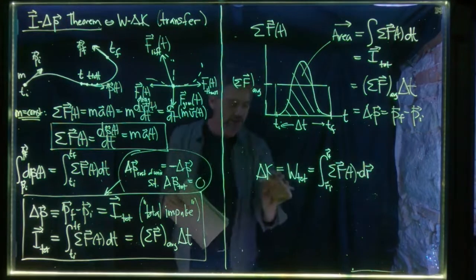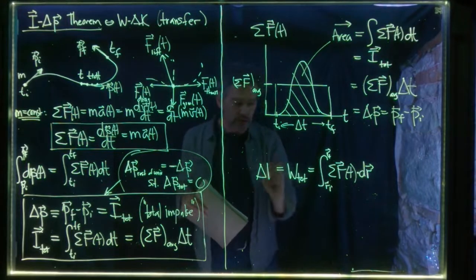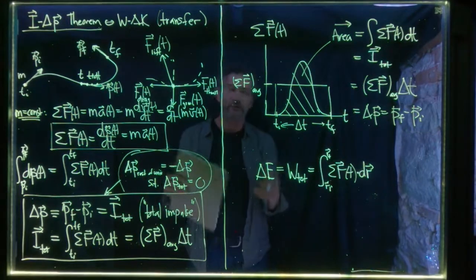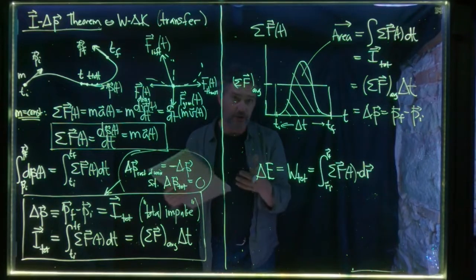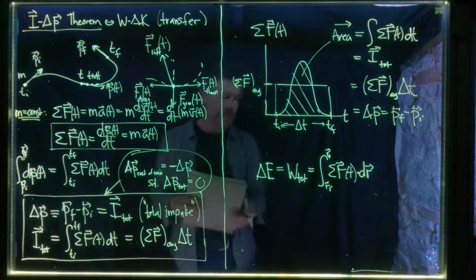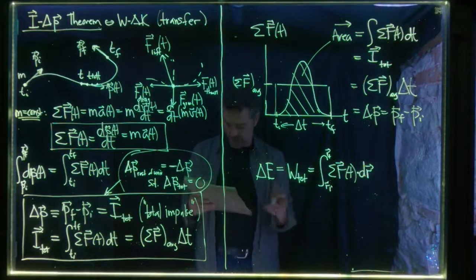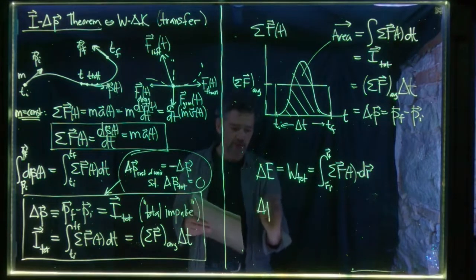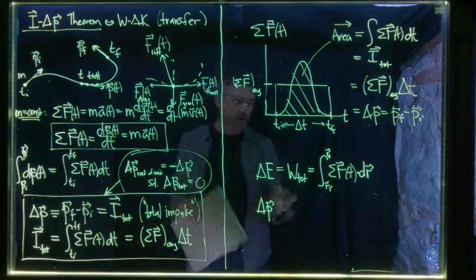In fact, we can change this delta K to delta E, where by E here we mean the relativistic energy, the rest energy, which is a constant, plus the kinetic energy, just to make it easier to compare with the other formula. The other formula is the impulse change in momentum relationship.